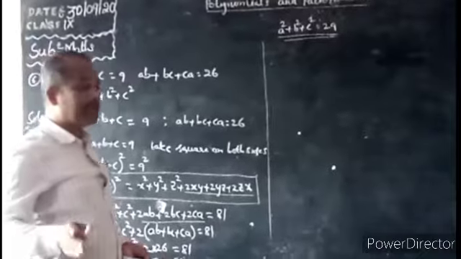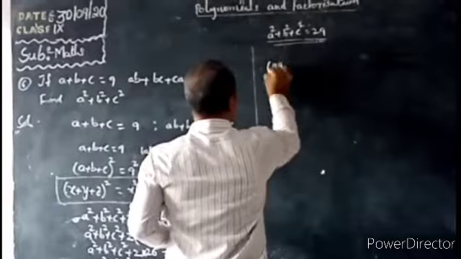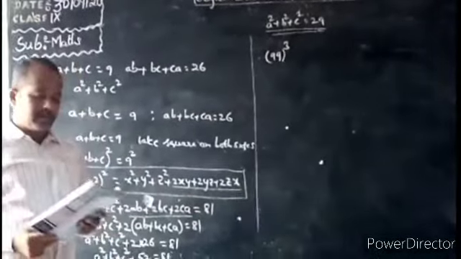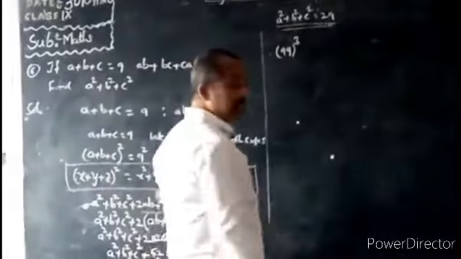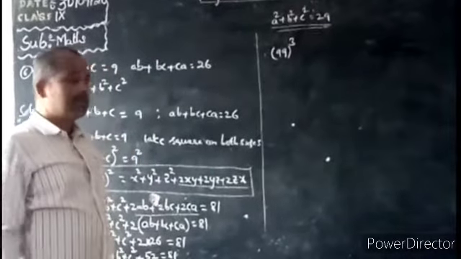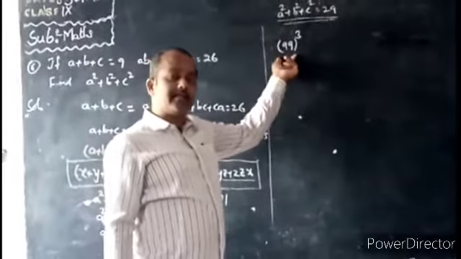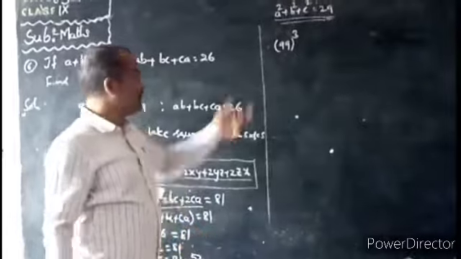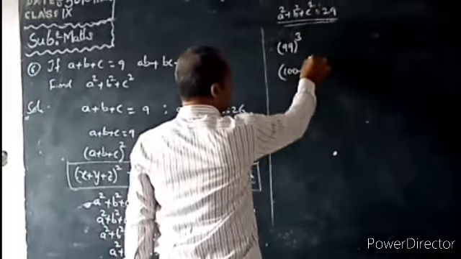By applying the identity we have to write the value of the given number. 99 whole cube is given. In the previous class we discussed, 99 is rounded to 100, so it can be written as 100 minus 1. So 99 cube can be written as (100 minus 1) whole cube.